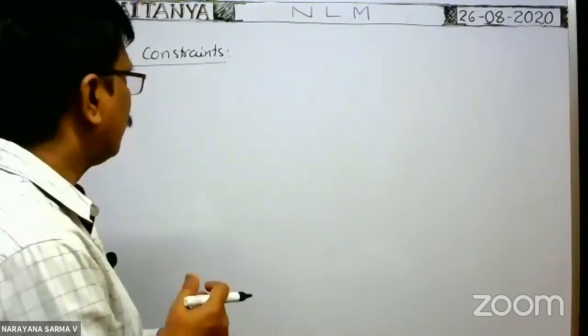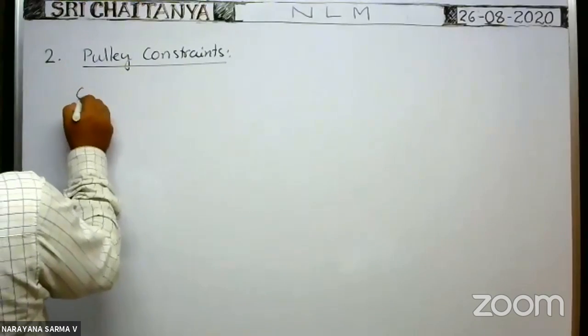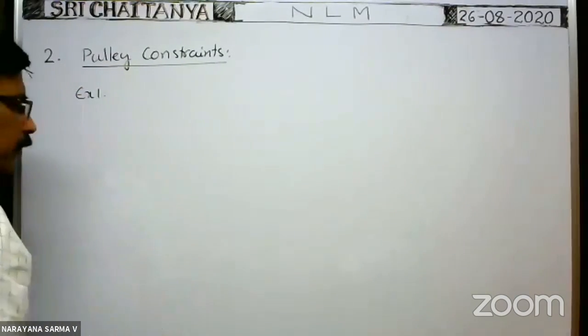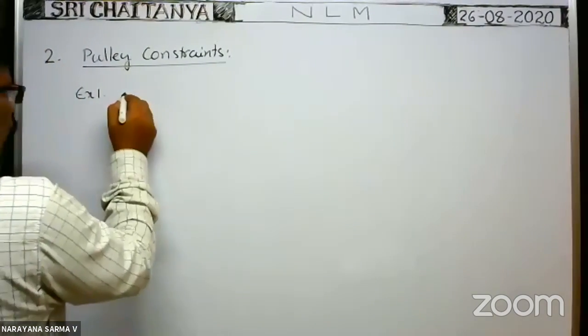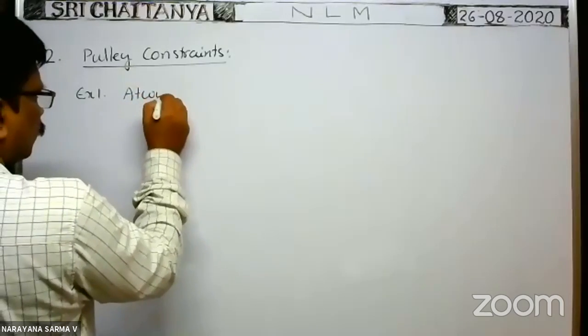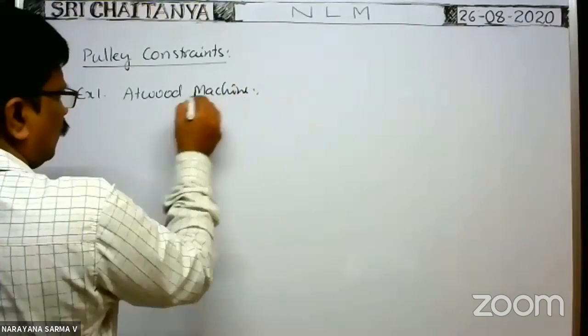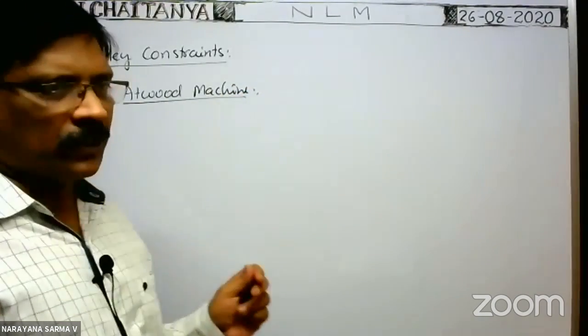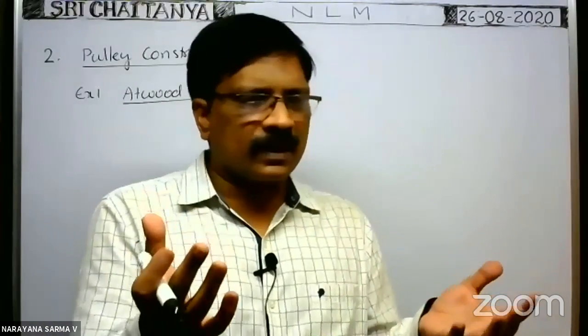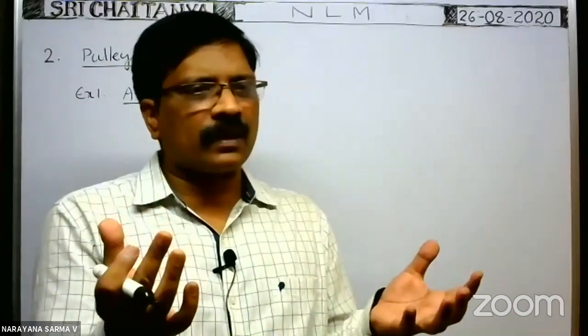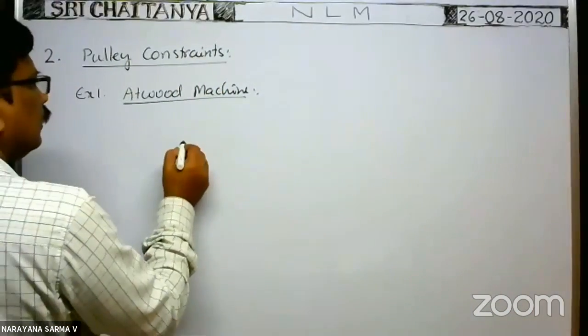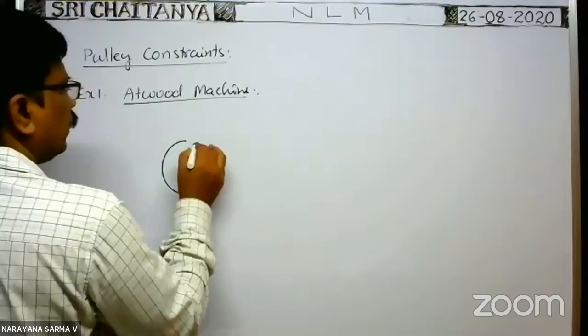Okay, so we'll discuss one example. Example one in pulley constraint: already we know the Atwood machine. Suppose in the Atwood machine, two blocks are suspended. The two blocks are connected over a light frictionless pulley.